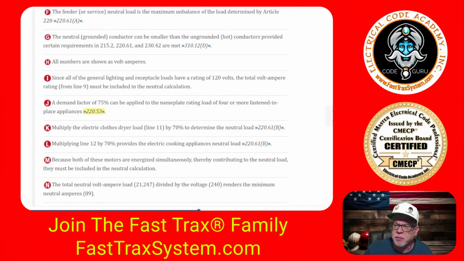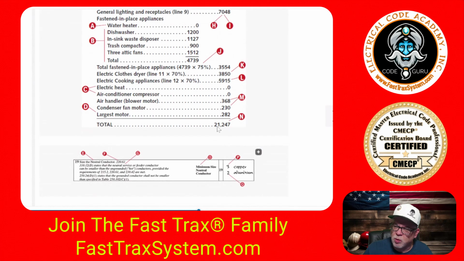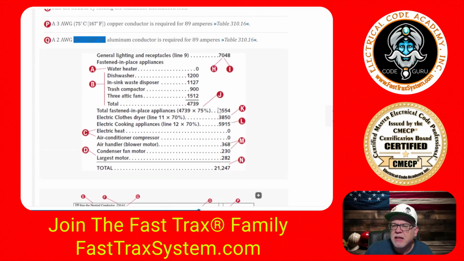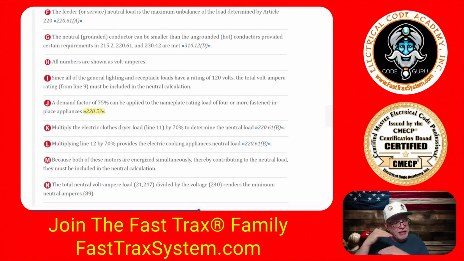H says all numbers are shown in volt amperes. Let's see, where is that H? Oh, right here. So this right here, 21,247, that is VA. That's volt amperes, okay? Let's see, I. I says since all the general lighting and receptacle loads have rated 120 volts, the total volt amperes from line 9, remember, it's all part of the calculation you've already done.